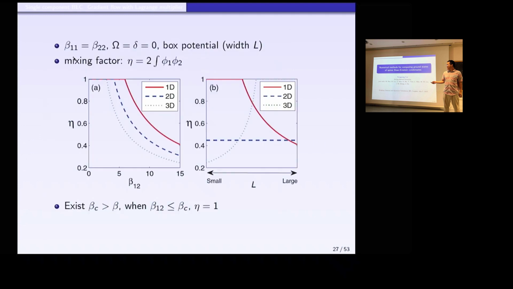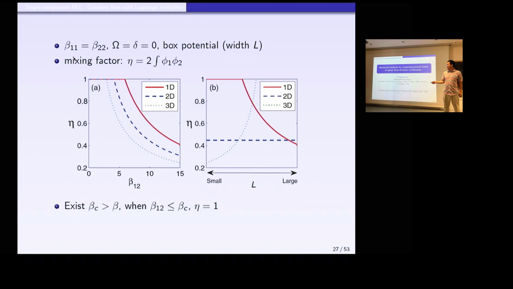For the other one, we choose delta equal to 0 and a box potential, and the interaction constants are chosen to be equal to 0. In the homogeneous case, when the interaction between the two components becomes positive, it will drive the two components to be fully separated.